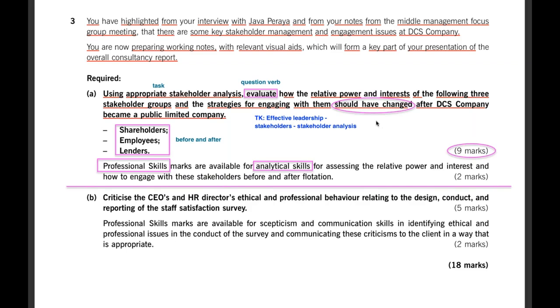Okay, remember this particular question, and if you look at this particular syllabus area, before we move into understanding how to answer the question, it's actually under effective leadership. Okay, cascade down into stakeholders, and then under stakeholders, you have your stakeholder analysis.